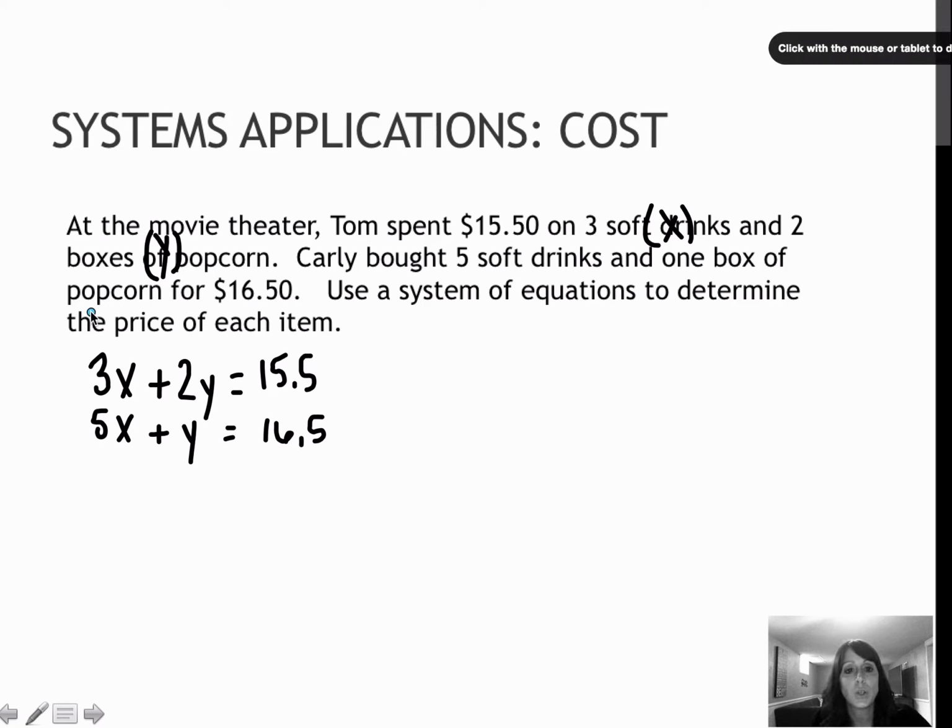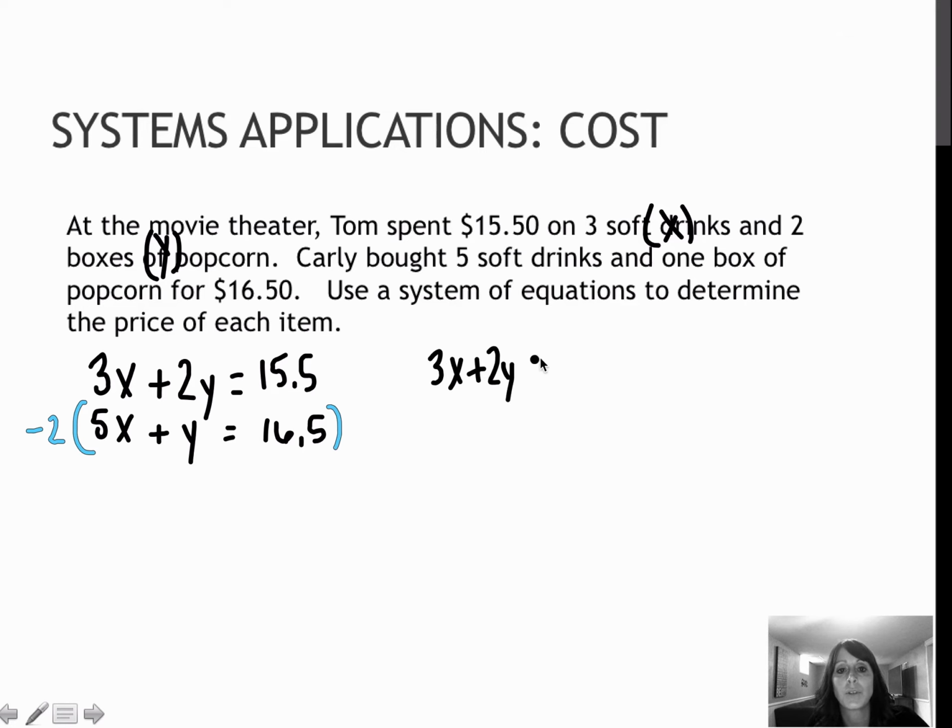So I'm going to choose to take my second equation times -2, because that again will eliminate the y value, and I'm trying to find the quickest way to find the solution, which gives me 3x plus 2y equals 15.5, which is my original first equation, and -10x minus 2y equals -33.